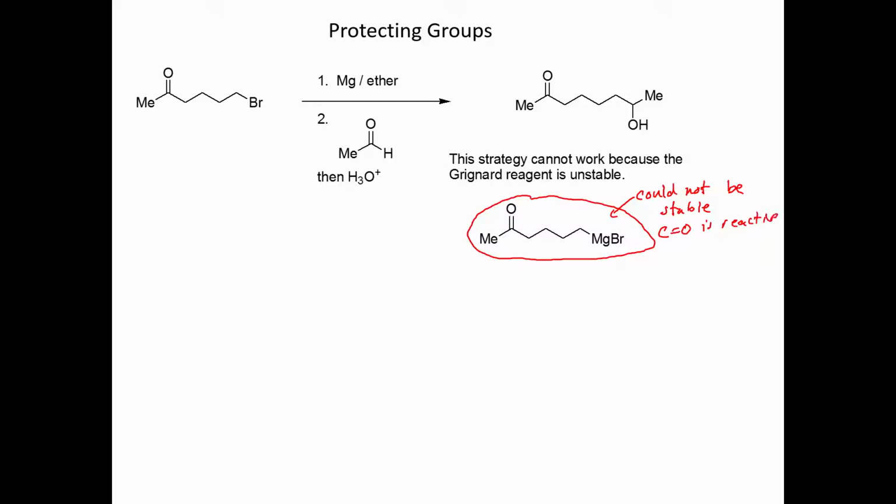It requires that we have a carbonyl group and a Grignard reagent in there together, and these are not compatible with each other. So this reaction would fail because this Grignard reagent that I circled here is not a stable compound. It would not sit around and wait for someone to add the second carbonyl compound.